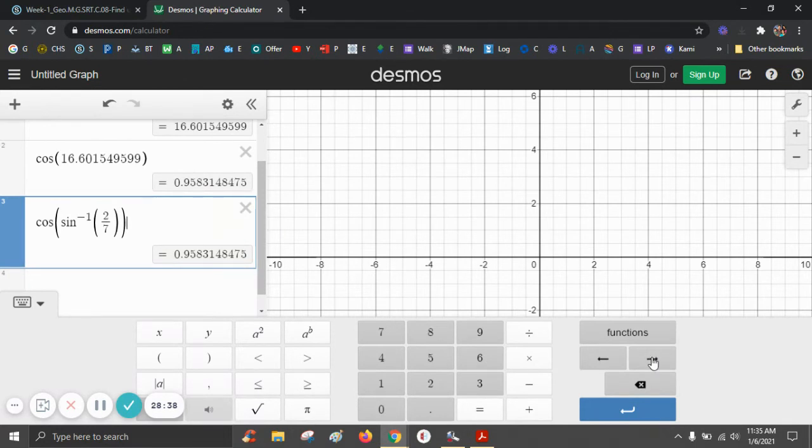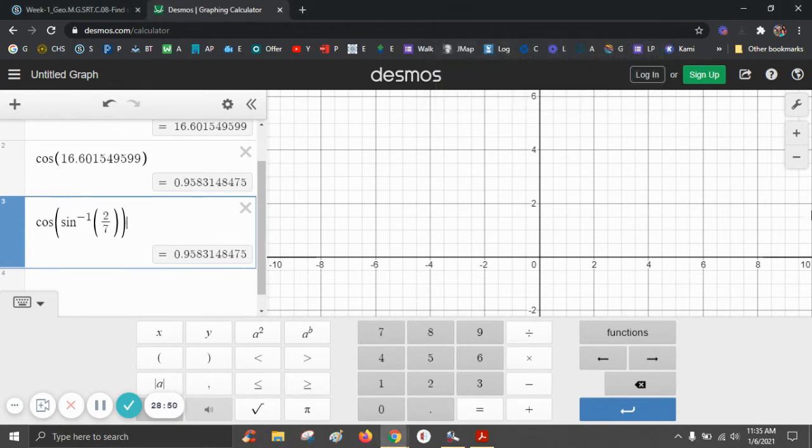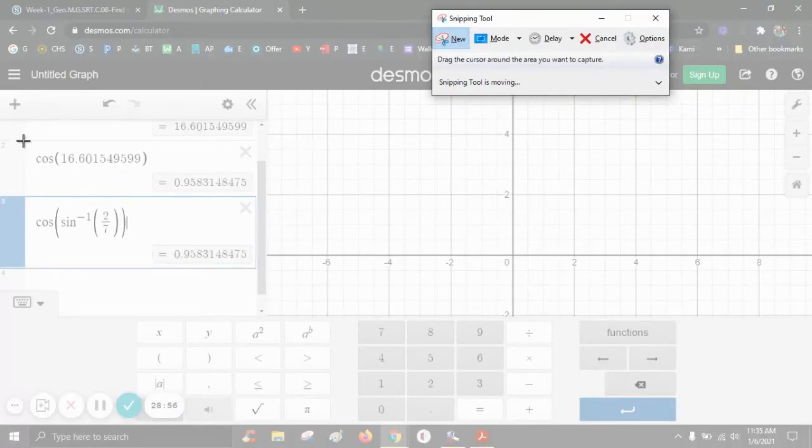Observe carefully. You see 0.9583, whatever you see here, the same thing. So let me take a screenshot of this one.